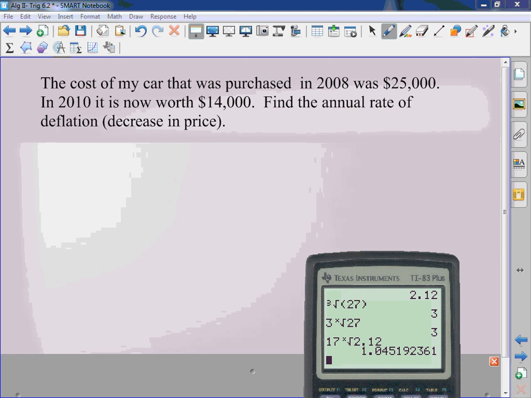I want you to find the rate for this problem. All right, this is from last year. The cost of my car that was purchased in 2008 was $25,000. In 2010, it was worth $14,000. Find the annual rate of deflation.